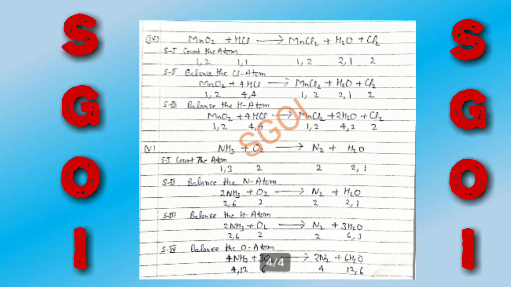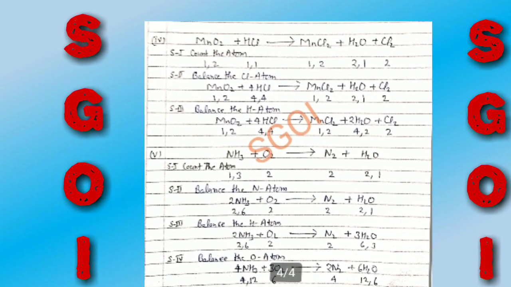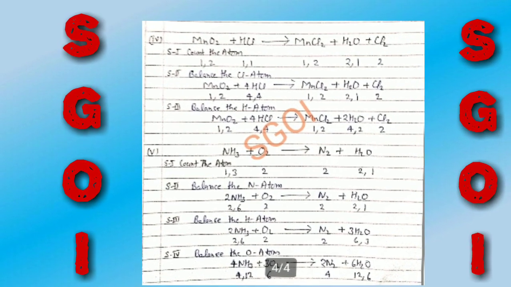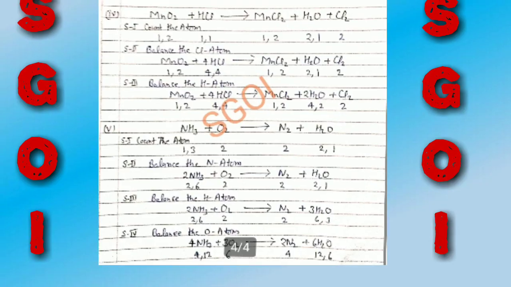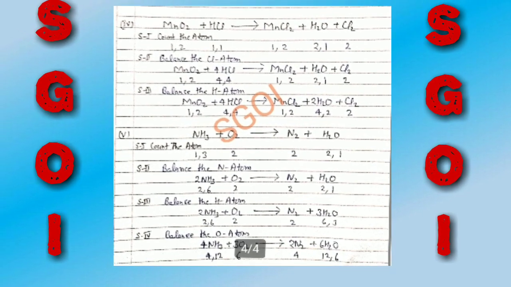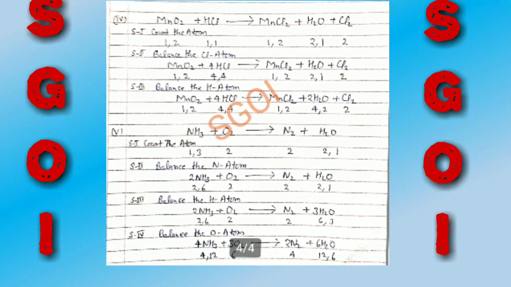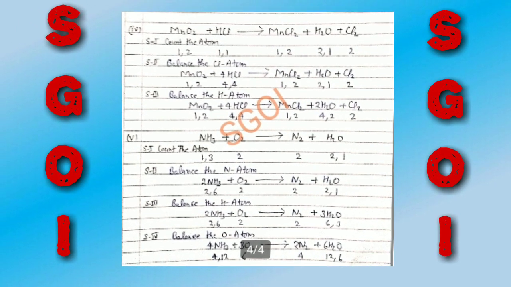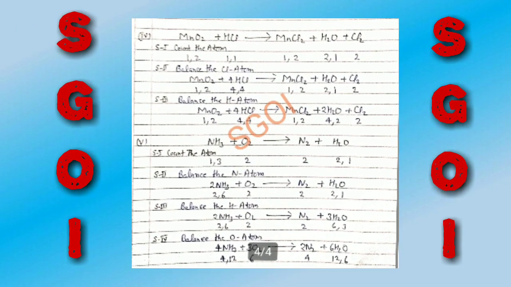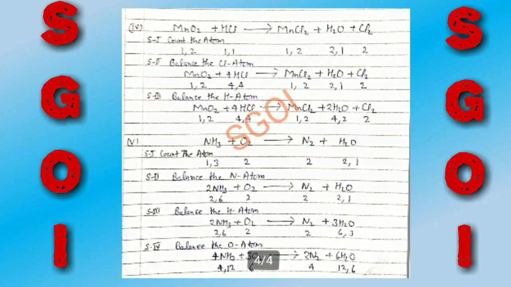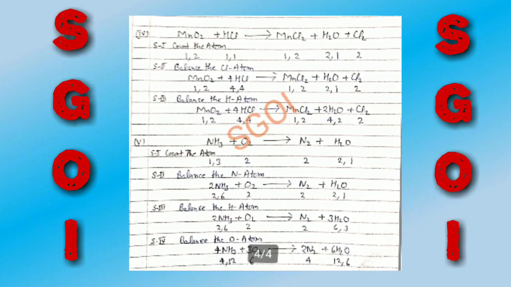What happened? 4 nitrogen on both sides, 12 hydrogen, 6 oxygen, so that all the atoms are balanced, hence the reaction is completely balanced.